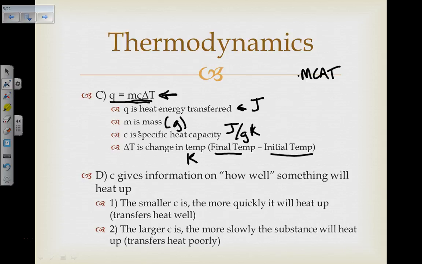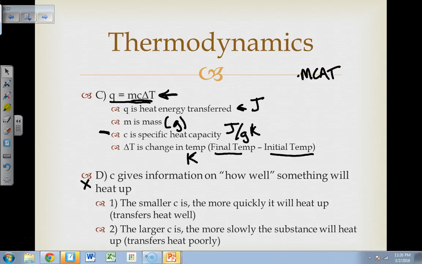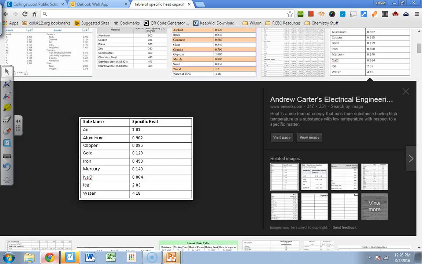Okay, so that C, that specific heat capacity, is a constant. There are tables of specific heat capacity. Just for convenience sake, I have one here. So if we look here, here's a whole bunch of specific heat capacities. Notice that water has the highest specific heat capacity of any of these things.